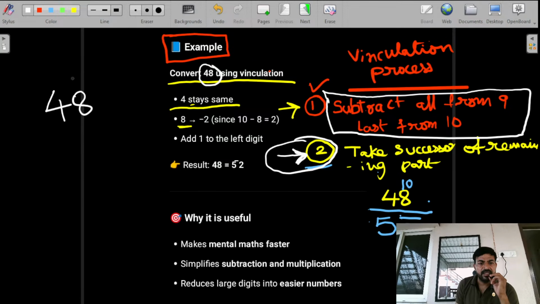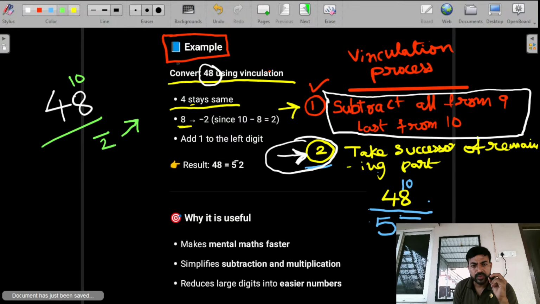In this, first we have to apply all from 9 last from 10, but we have only one higher digit, so we apply only last from 10. So 10 minus 8 is bar 2. So in vinculation we get vinculated form. If you find any bar on numbers, that is vinculated form. Simple. We convert 8 into bar 2.